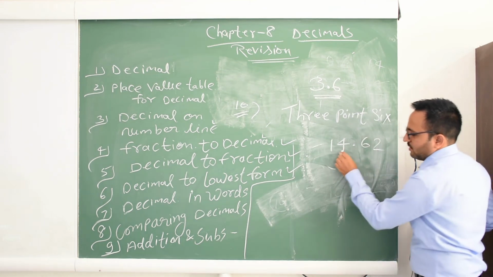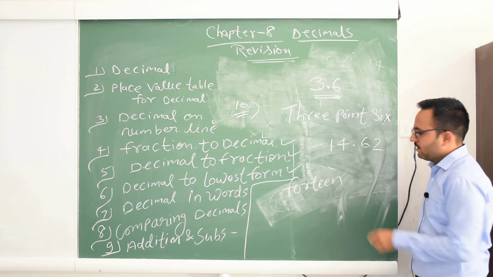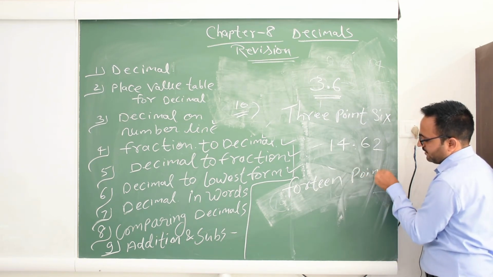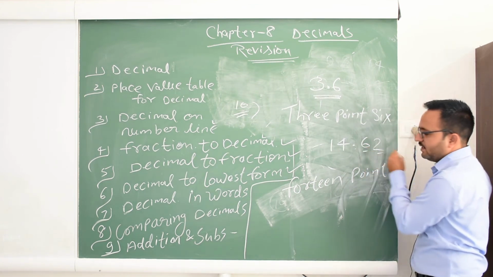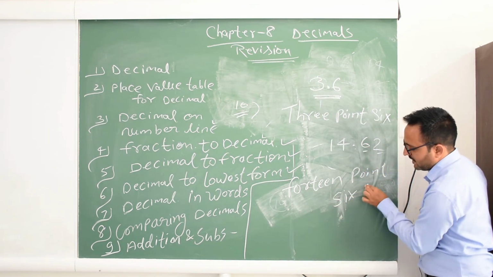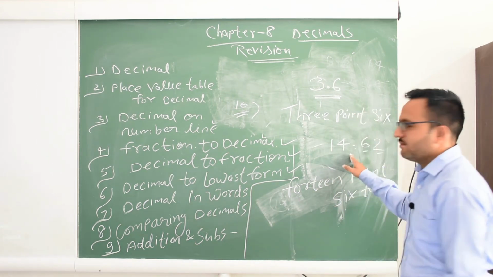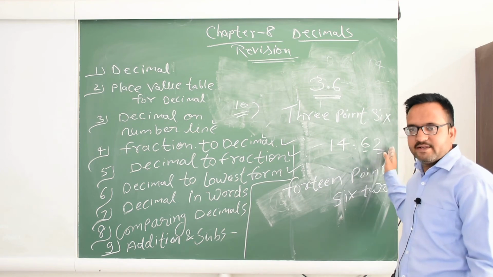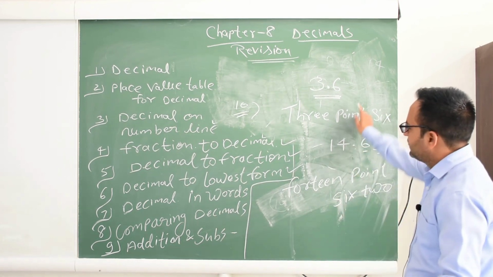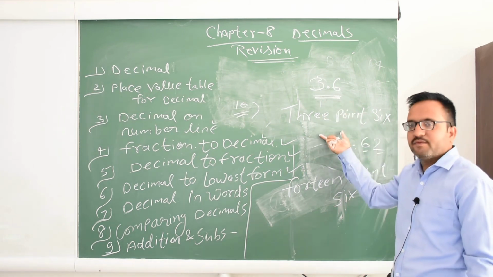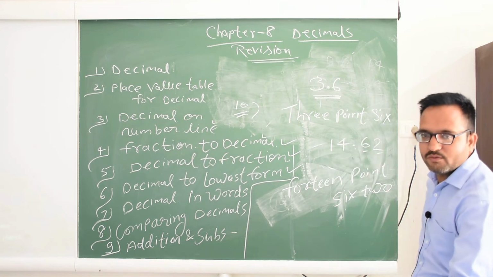After the decimal point it is not sixty-two; this is your 6 and 2. So we use 6 and 2 separately. After the decimal point we consider digit by digit, 6 and 2, not 62. So this is your decimals in words, how to write a decimal in word form.